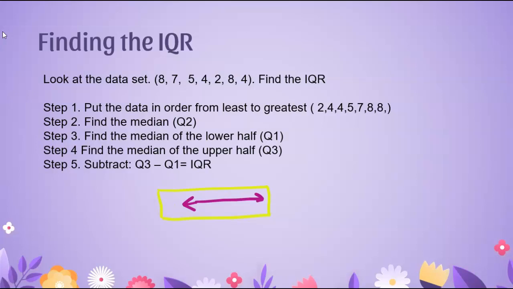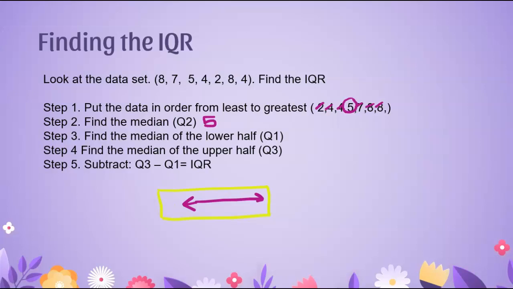So let's find our Q2. We're going to slash, slash, slash, slash, slash, slash. Oh, there we go. Our Q2 is 5. That's the median of the whole data set.